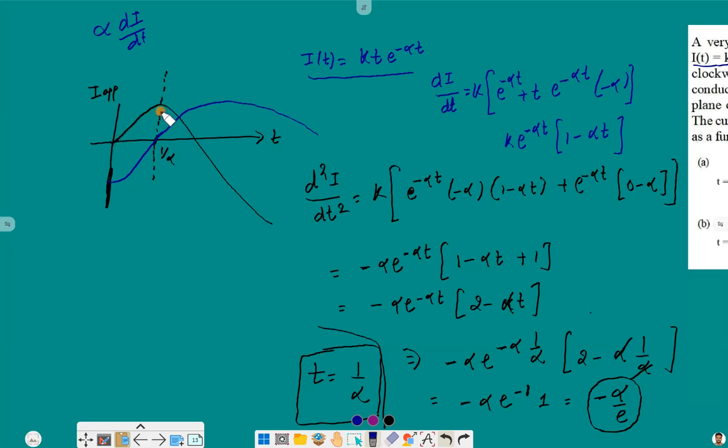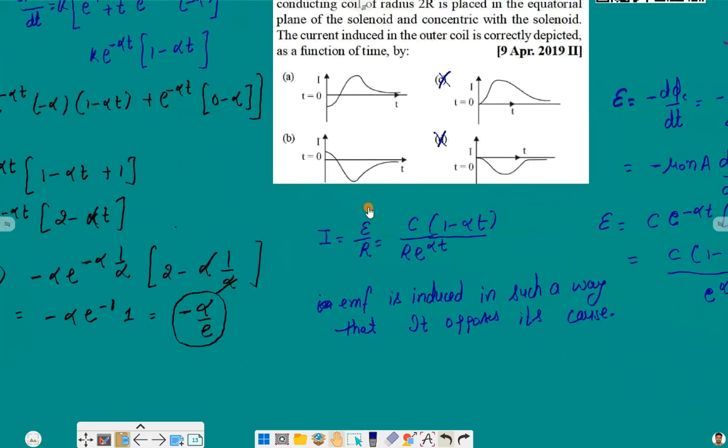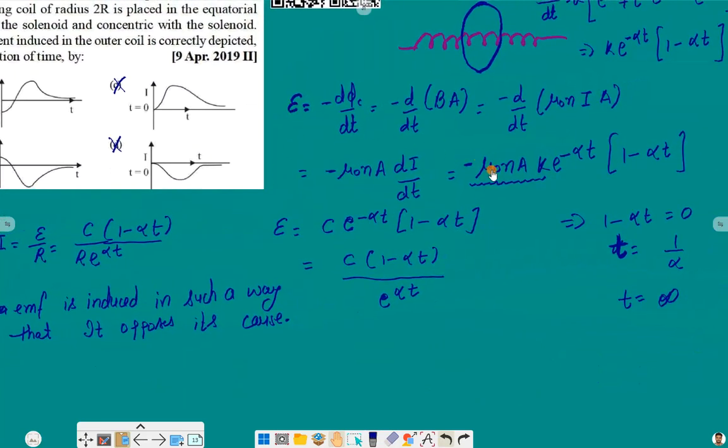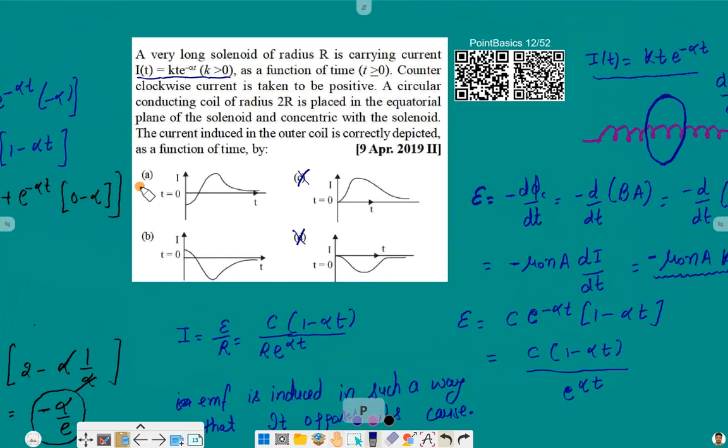It may take some curvy path. So the induced current will first be negative initially, and will become positive. And regarding that, you can also get an idea from here that as our induced EMF was negative, the initial current will also be negative. So hence, all of these combined, option A will be our answer.